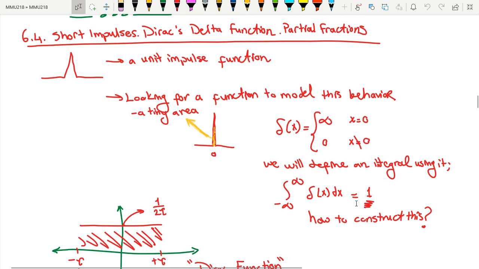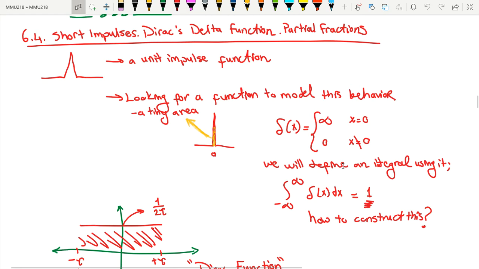So I'm building this function, right? I have the ability to define anything. And that little tiny area underneath that infinite shooting peak, the area underneath that, I want that to be 1. So this is kind of my starting point for my modeling.